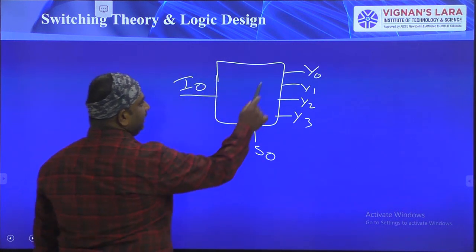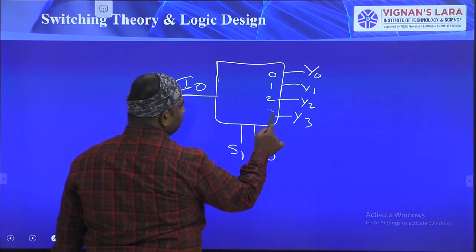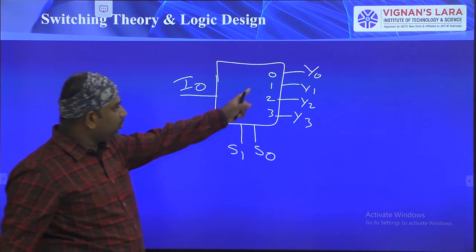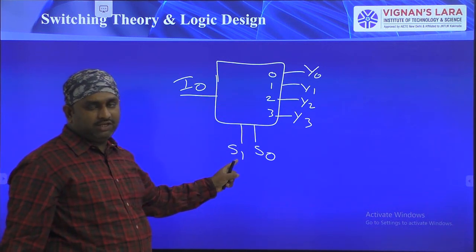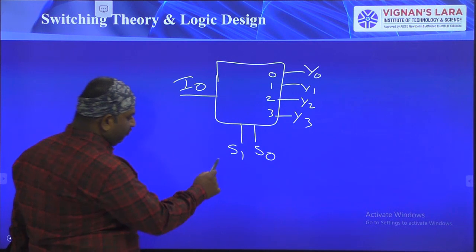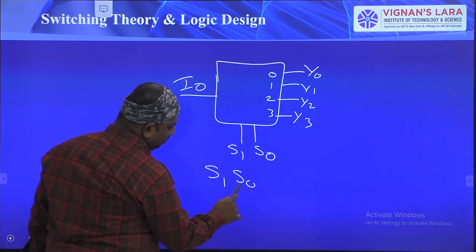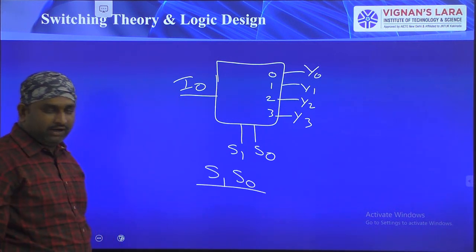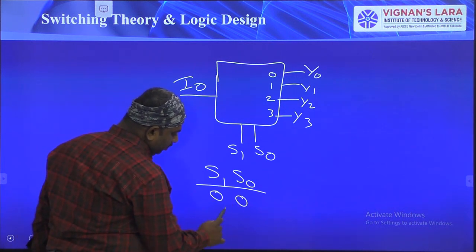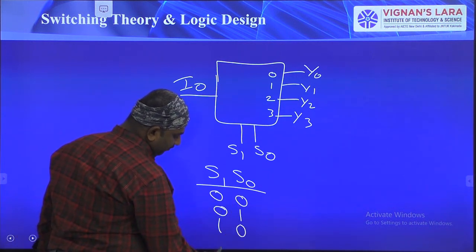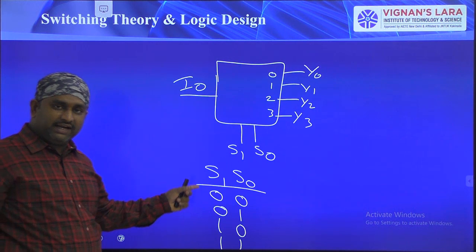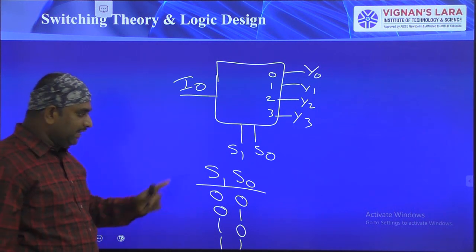Internally I am representing 0, 1, 2, 3. These values come from the selection lines. S1, S0 values are 0 0, 0 1, 1 0, 1 1. You can select any one of the combinations from the selection lines.